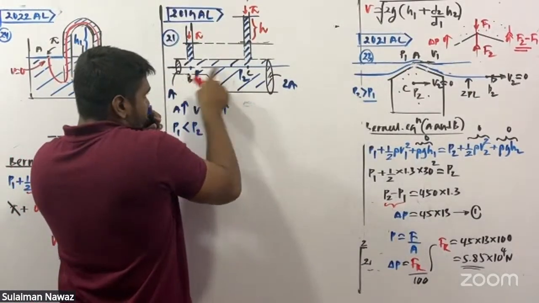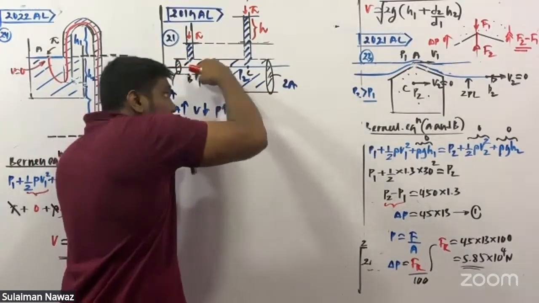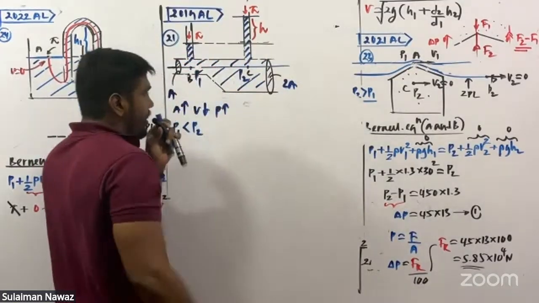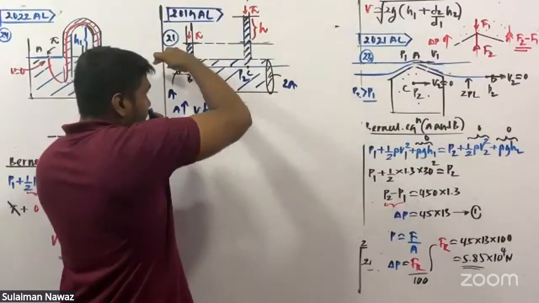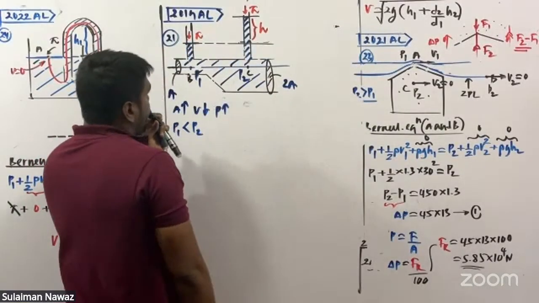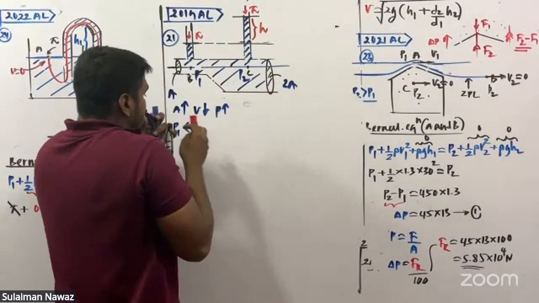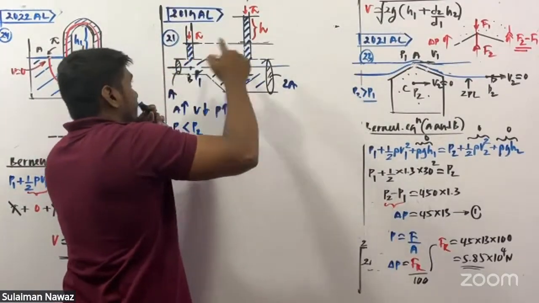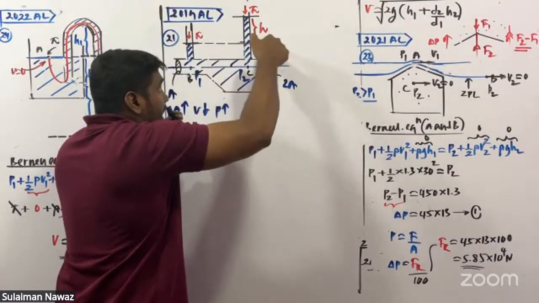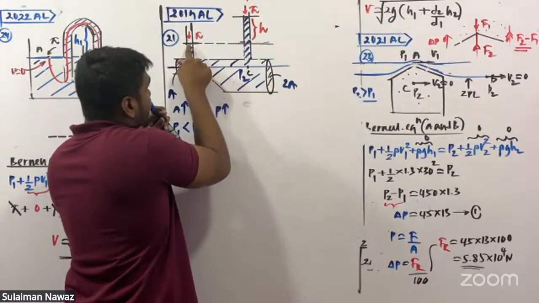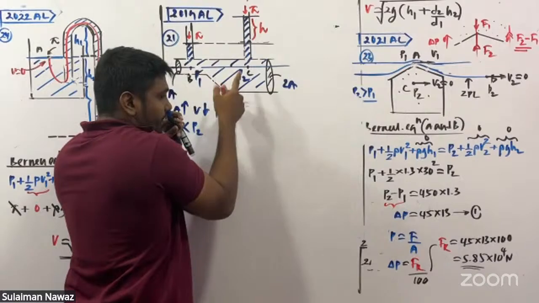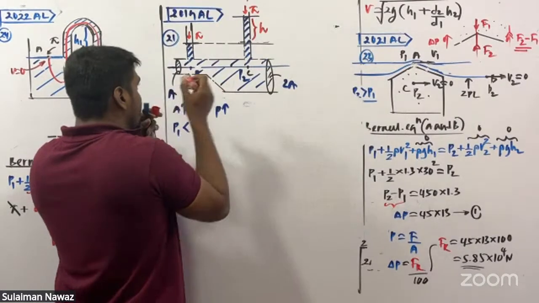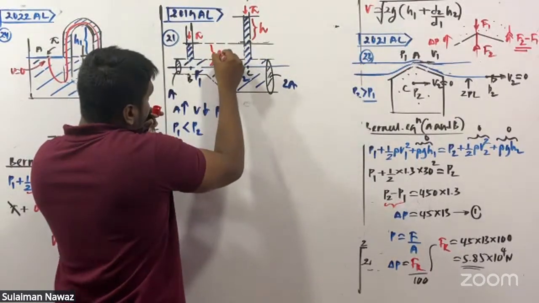Point capital B and point capital C are on the same horizontal streamline, at the same horizontal level. Shall we consider the vertical height to this line from the streamline? We'll consider it as simple x.